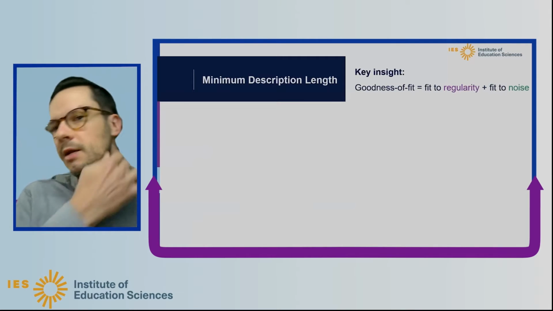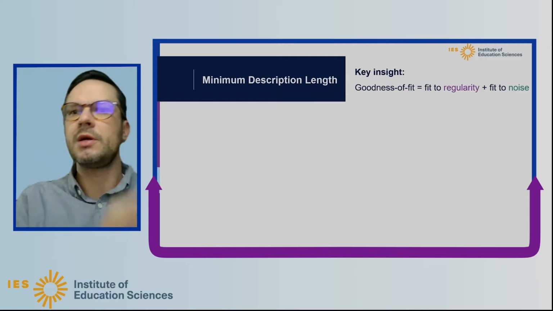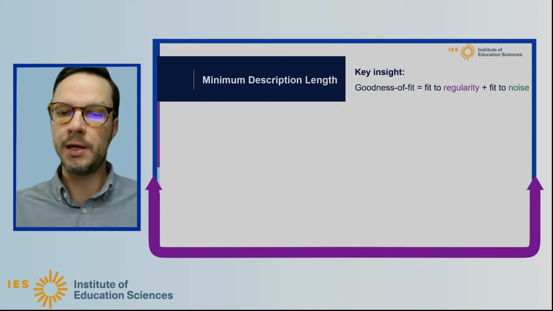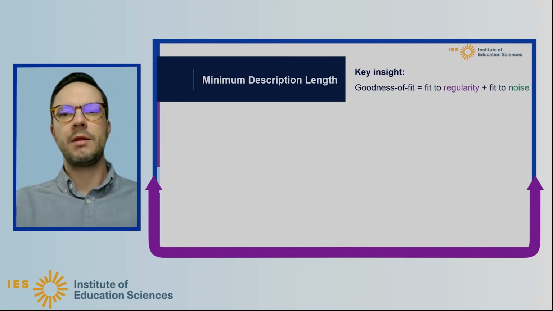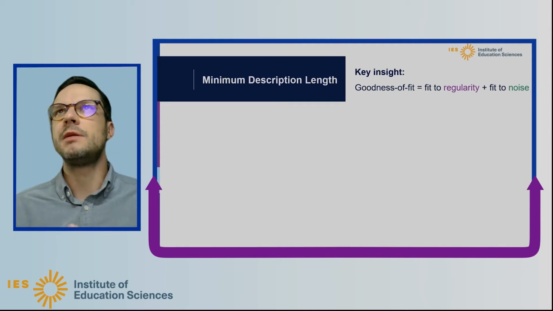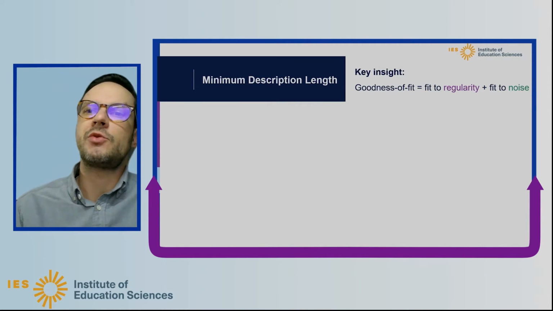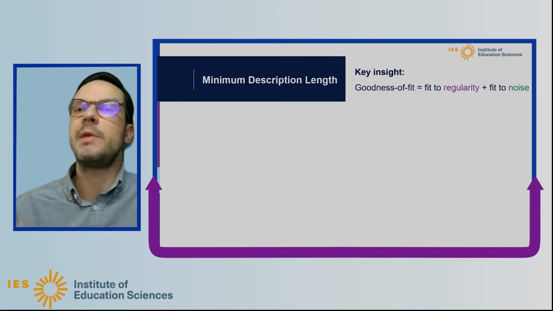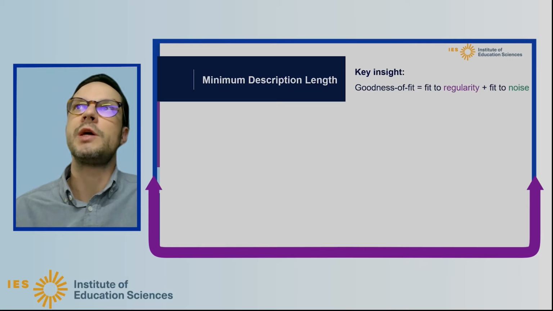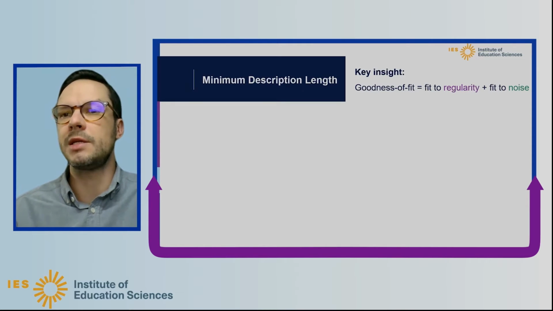The key insight of this minimum description length principle is that goodness of fit, as we usually rely on for ascertaining the qualities of our models, is a composite. It includes the fit to the regularity in the data, the meaningful pattern or trend that we care about, and the fit to the noise that's inherent in the data that we've collected.